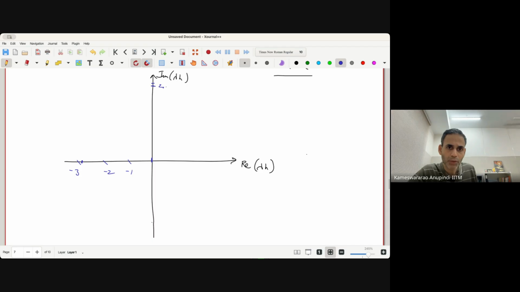It will go to almost 2.8. Here it'll go almost up to -2.8, that is 3. Okay, that is the value of 3. So it's going to look something like that.